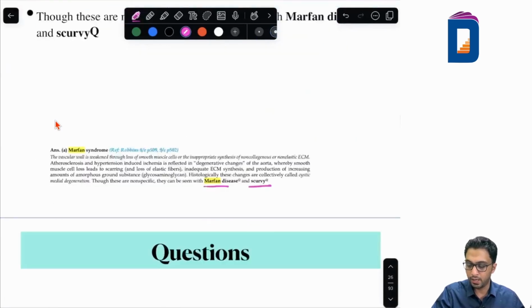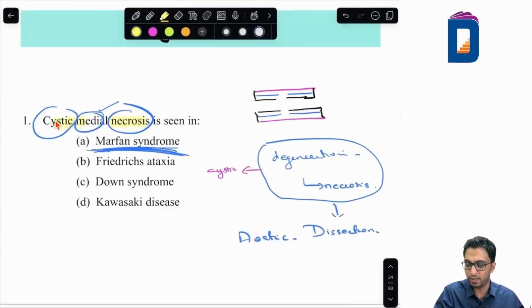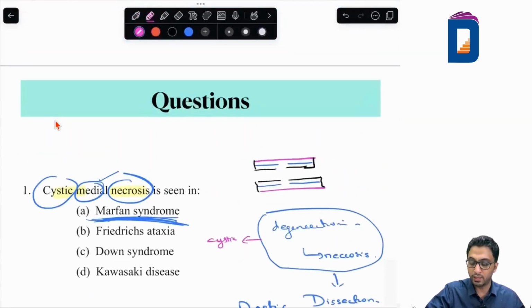Now another question: the most common cause of dissecting hematoma, another name for aortic dissection. Why are they saying hematoma? Because the blood is coming here and getting inside here, so it looks like a hematoma.